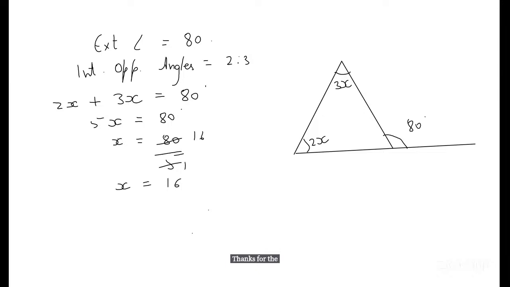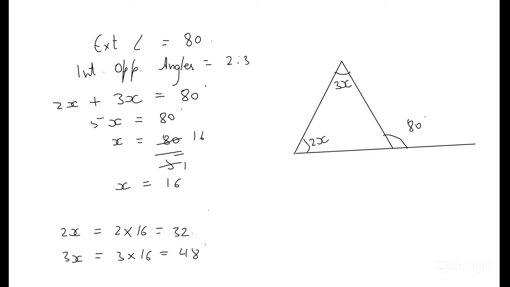Now for 2x we do 2 into 16 because x is 16, which is 32. And for 3x we do 3 into 16, which is 48 degrees.